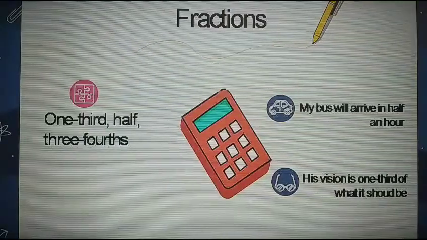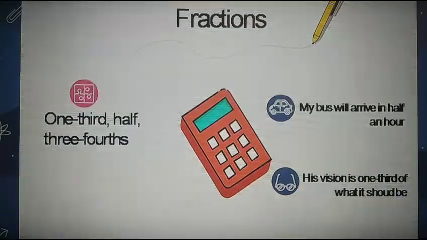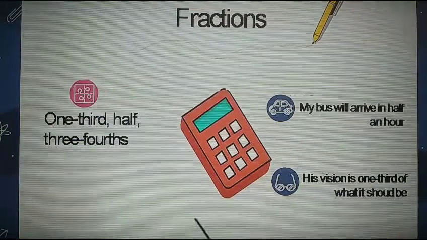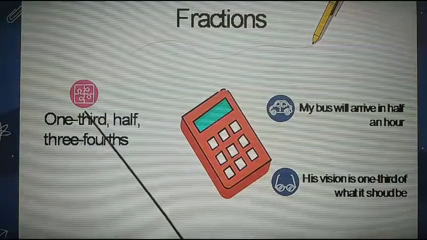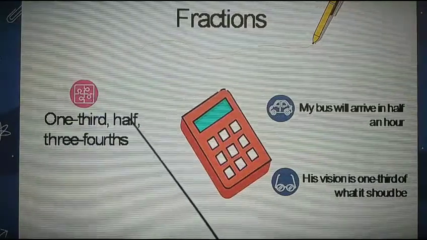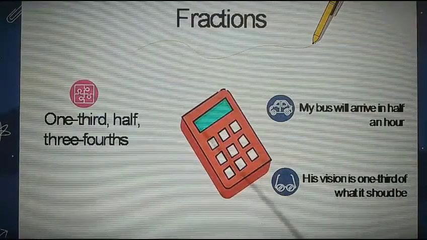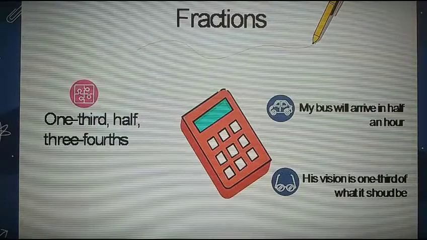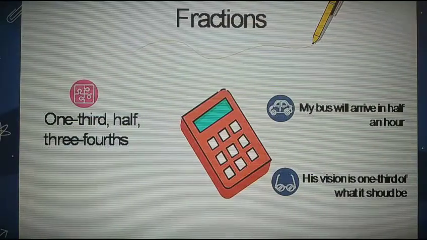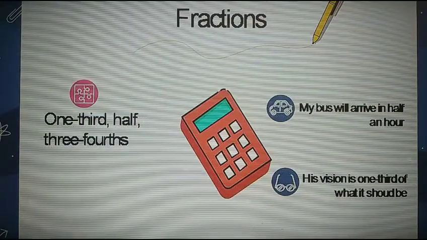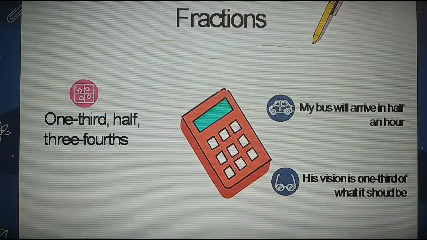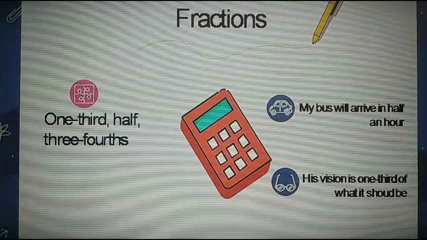Then we have the opposite of the multipliers, which are the fractions. So we use words such as 1/3, half, and 3/4 to divide the size of something or the number of times that something happened. We can use fractions in the same way that we use multipliers.